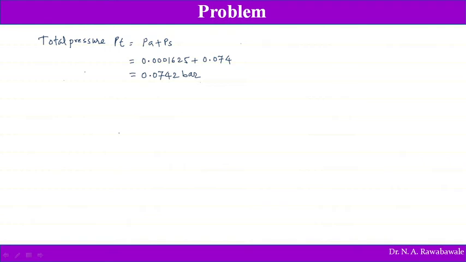So the vacuum in the condenser is given by PV, which is equal to PB minus PT. As we write, PT is equal to PB minus PV. So from the same equation, PB is equal to 1.013. Generally we assume that atmospheric pressure is 1.0132, minus PT which is 0.0742.